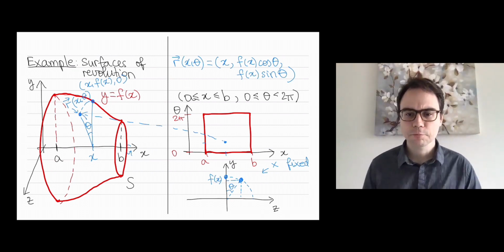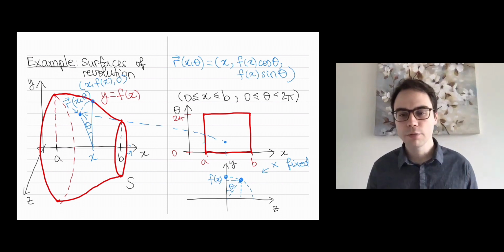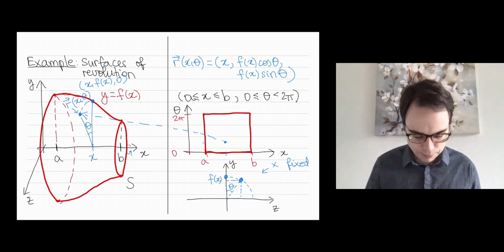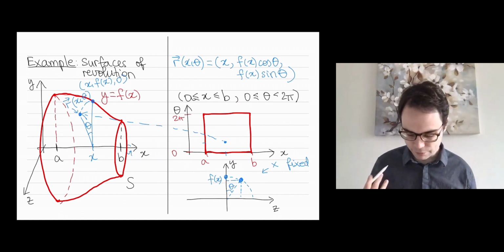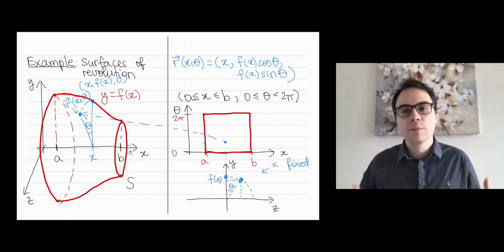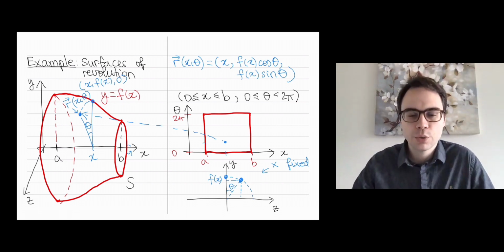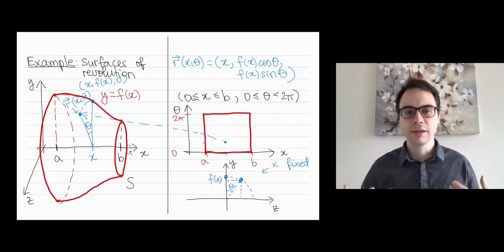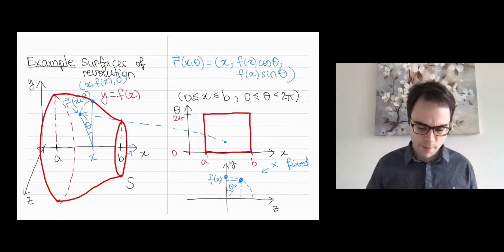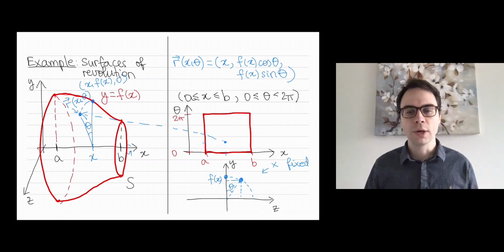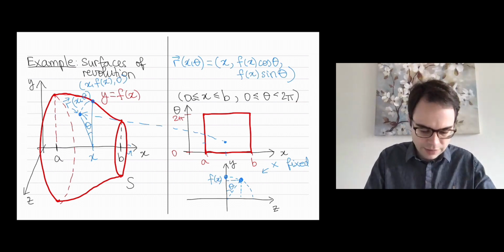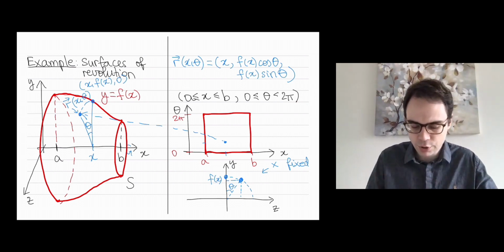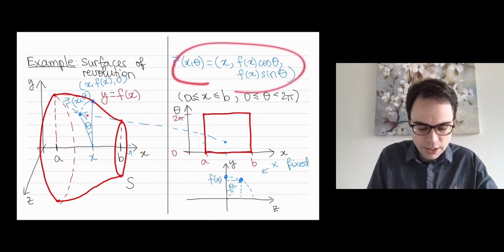Okay. So this is a good first example. I think this example shows you the parameterization is a living, breathing thing, where it's a set of instructions. In this case, it's a set of instructions to produce a point on the surface.